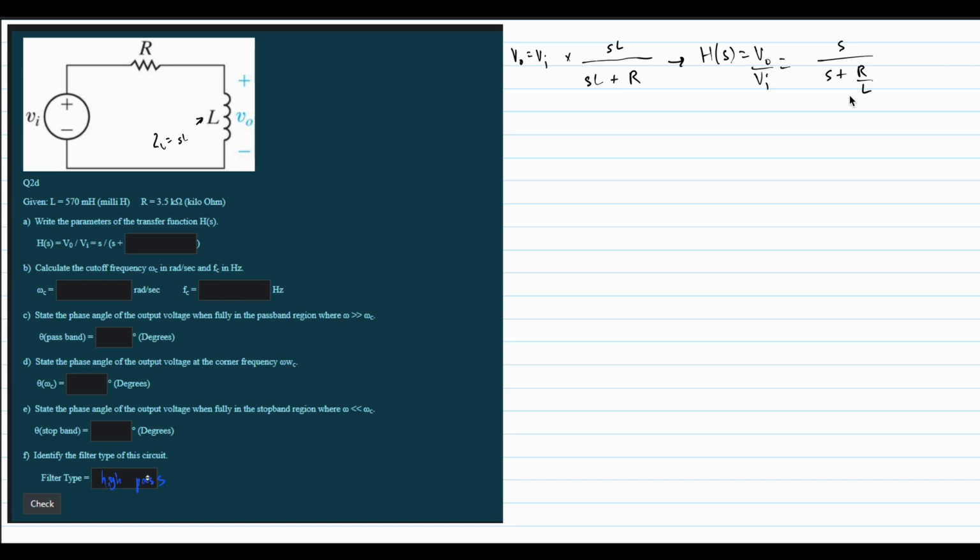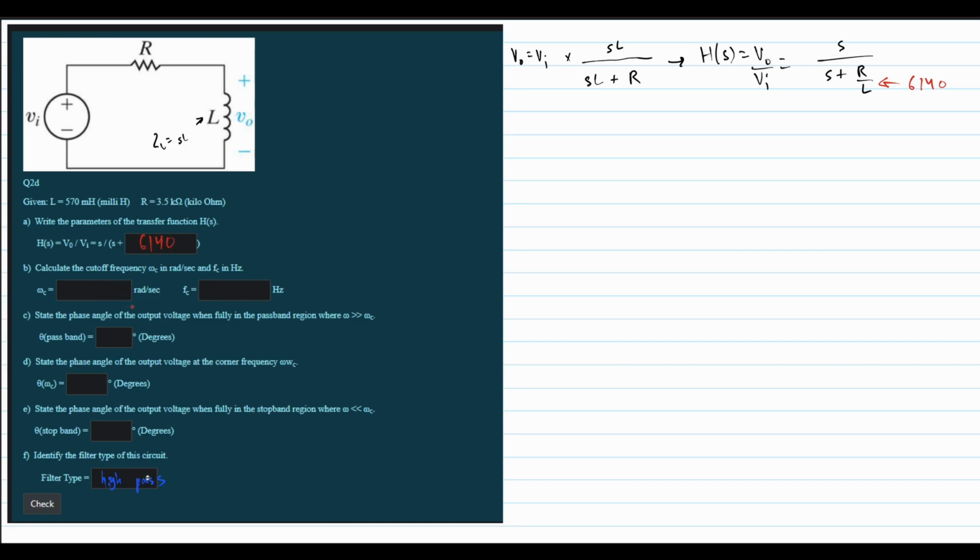So we're going to have 3.5 times 10 to the 3 divided by 570 times 10 to the negative 3. And this is going to give us approximately, for R over L, 6140. So the answer right here is going to be 6140.